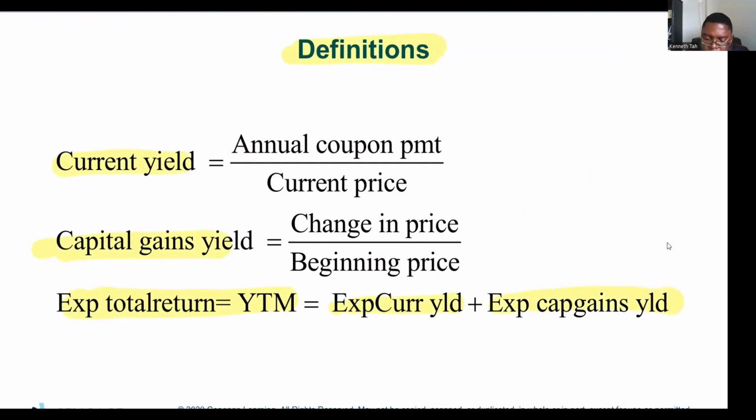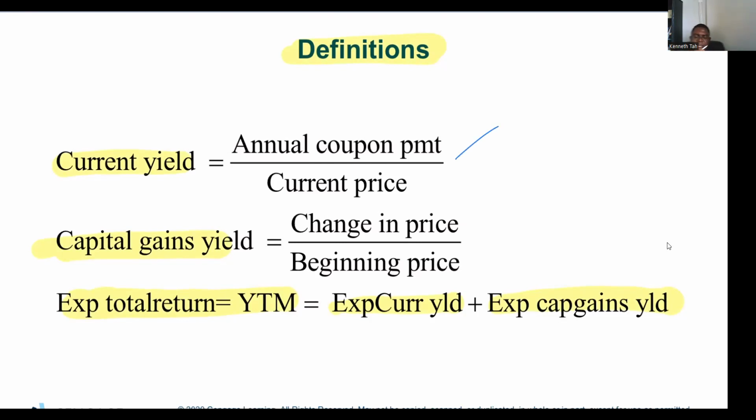Current yield is basically annual coupon payment divided by current price. That portion of investors' profit is really based on the periodic coupon that they are receiving.